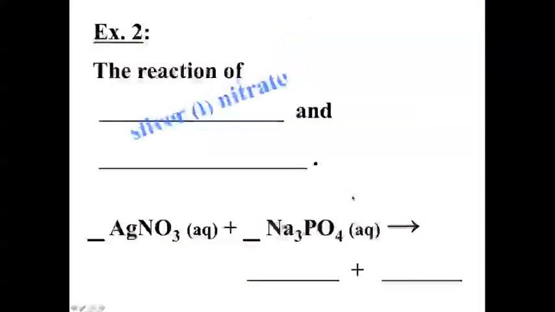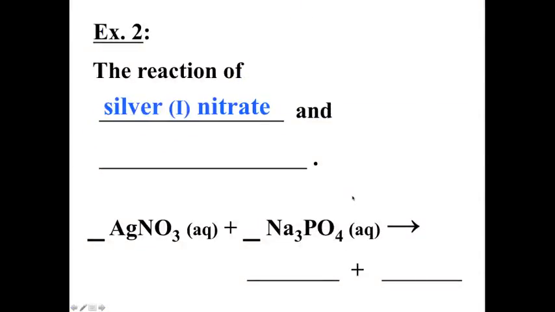All right, and then here's the next thing, example 2. We're going to do a reaction of silver(I) nitrate, or silver nitrate, with sodium phosphate. Here are the two substances, and it turns out when they're mixed, it makes a precipitate. It's a precipitation reaction, and your task is to see if you can figure out what the two possible products are, and then get their formulas right.